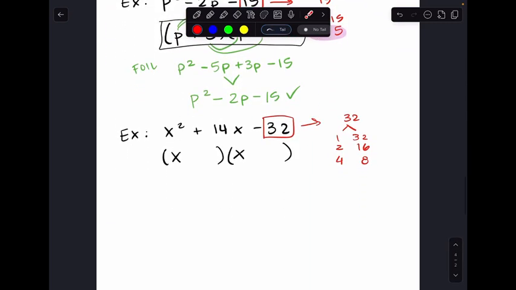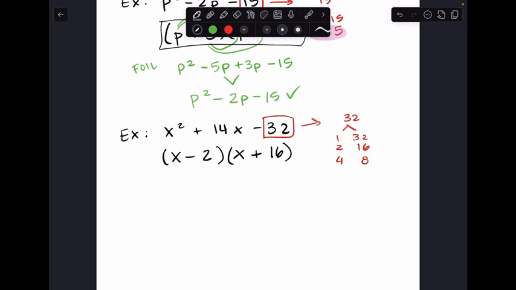Because you have to ask yourself, what can you subtract to give you a 14 here? Well, I'm going to go ahead and put my minus and my plus. So if I look at my combinations, 1 and 32 won't subtract to give me anything. Well, 16 and 2, if I do 16 minus 2, that will give me a positive 14. So you need to put your 16 here because it's a positive 16, and then minus 2.